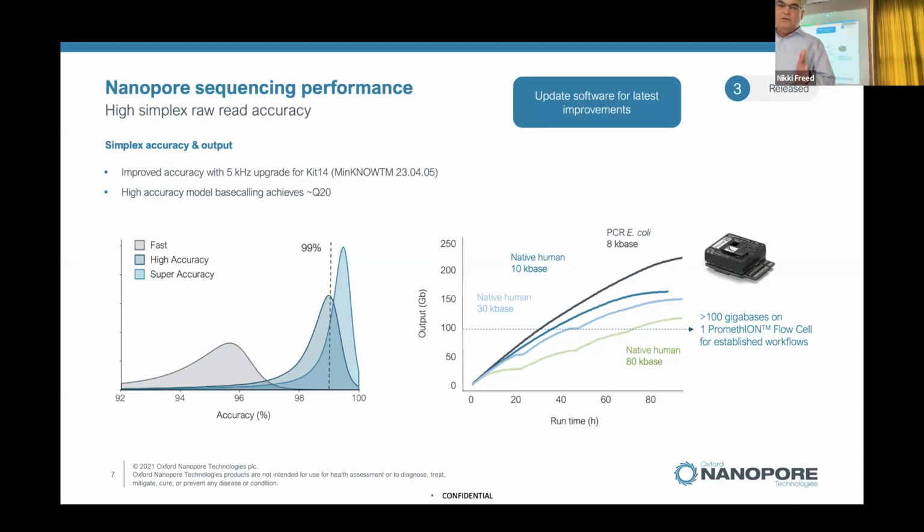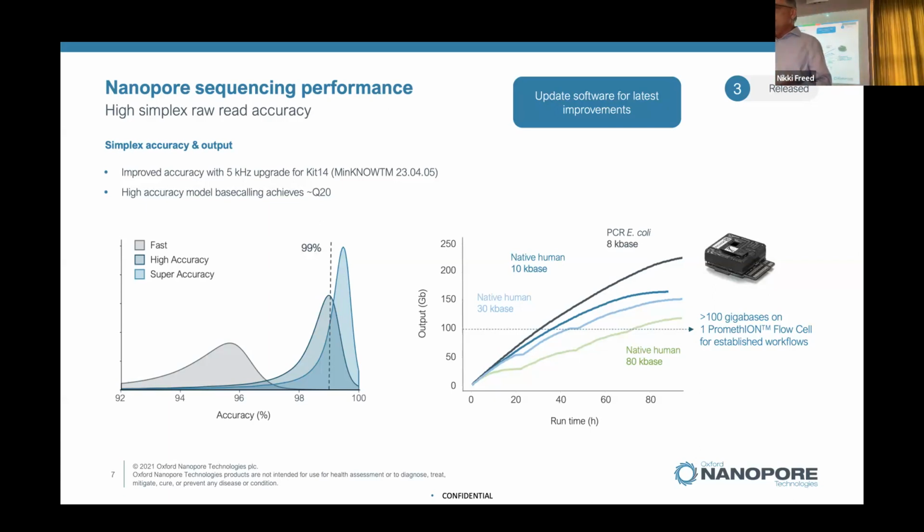So you've got to consider if you need it or you don't need it. But we're going to focus on how to improve high accuracy, so that's a nice sweet spot in the middle there. And you can see in the graph on the right here, the PromethION flow cell's output is really tied to some of the features of the library. The type of DNA it is. Is it PCR amplified or is it native DNA? What's the length of the library?